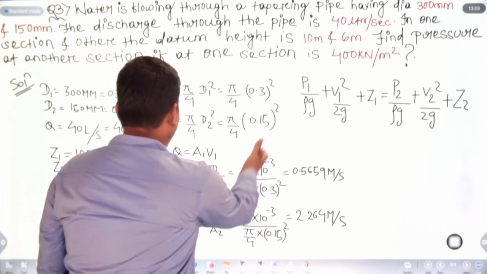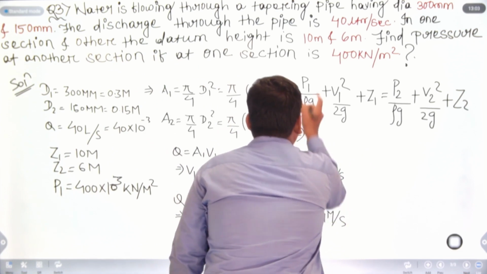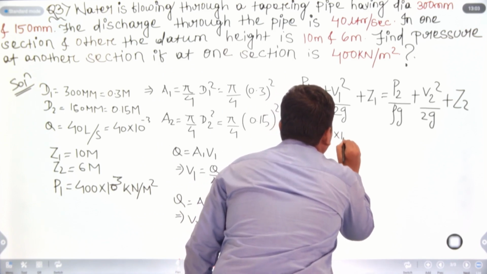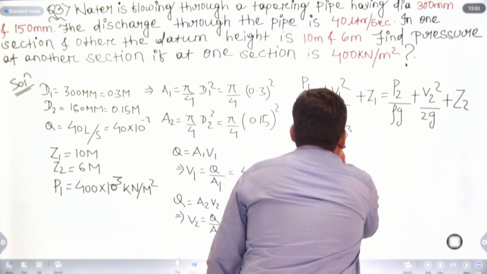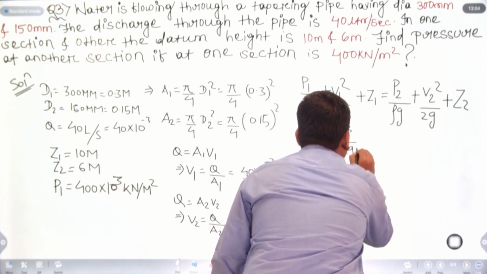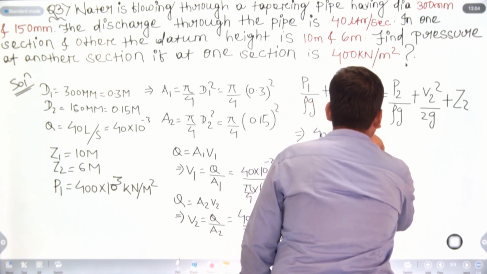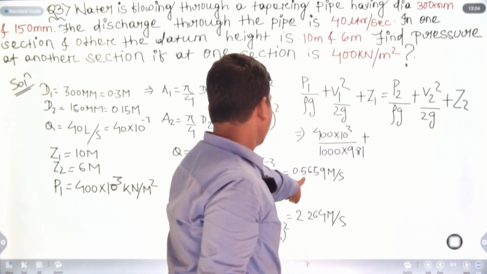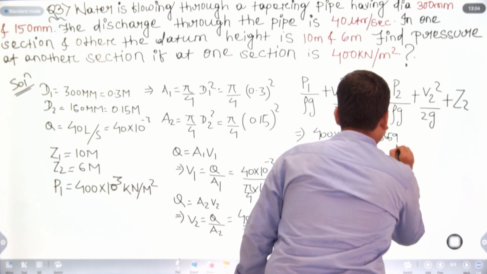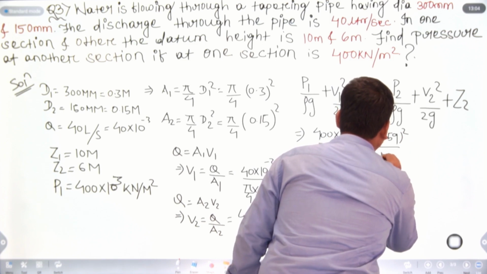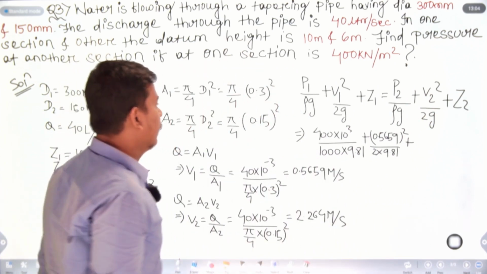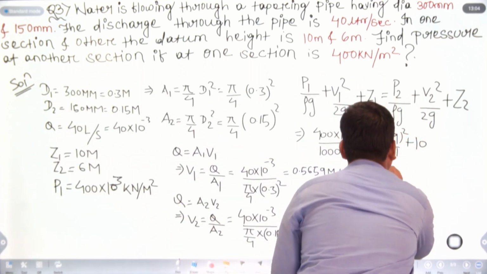Then putting the values of everything, P1 is equal to 400 into 10 to the power 3 divided by rho, which is 1000, g is equal to 9.81, plus V1 square, V1 value is equal to 0.5659, divided by 2 into 9.81, plus Z1 value is equal to 10, is equal to P2.